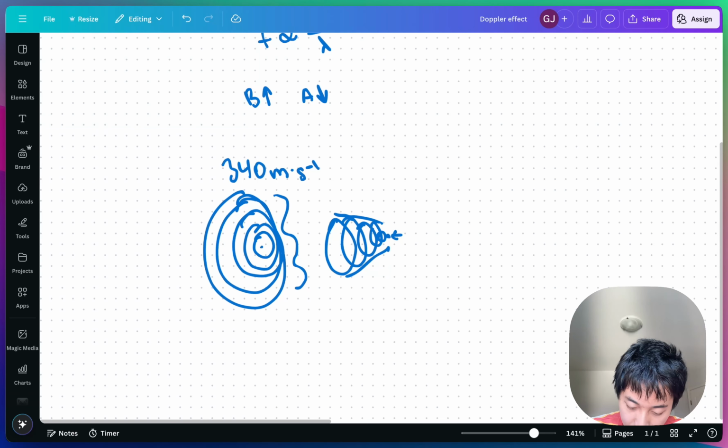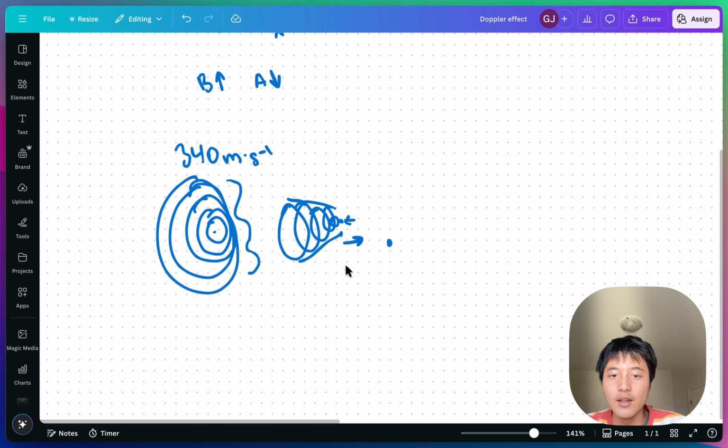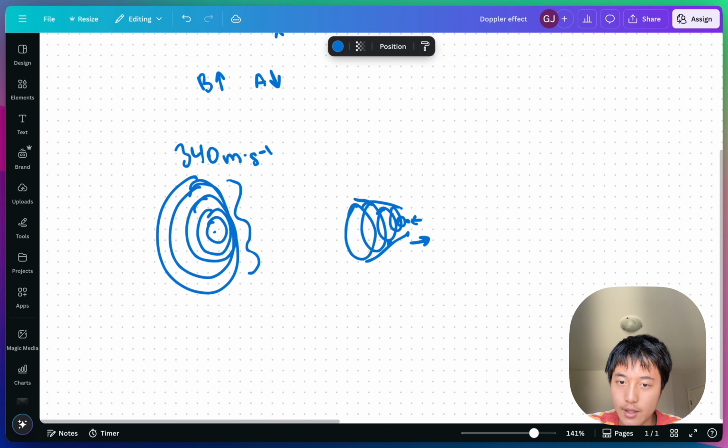The interesting thing is, if you're here and the jet is flying this way, because the sound waves are all behind the jet, theoretically you shouldn't be able to hear any of the sound made by the jet until it passes you right there.